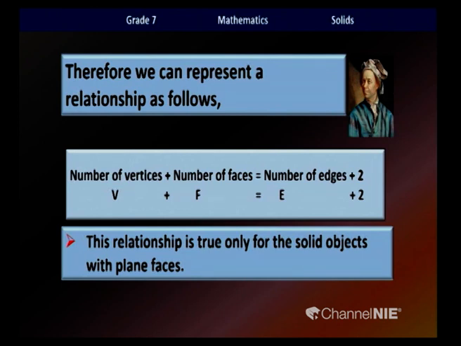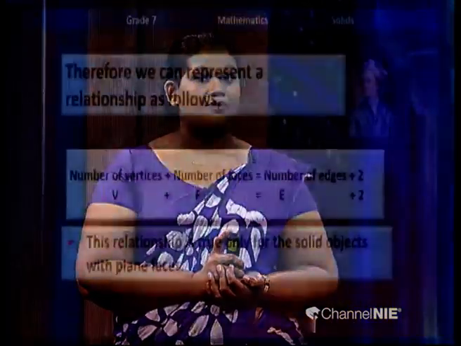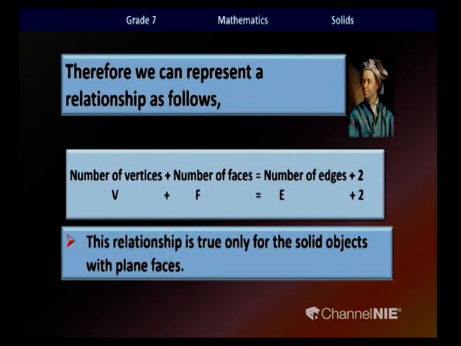So, we can name the number of vertices as V, number of faces as F, number of edges as E. Therefore, we can construct an equation as V plus F equals E plus 2. But this relationship is true only for solids with plane faces. If you have curved faces, this relationship cannot be taken.